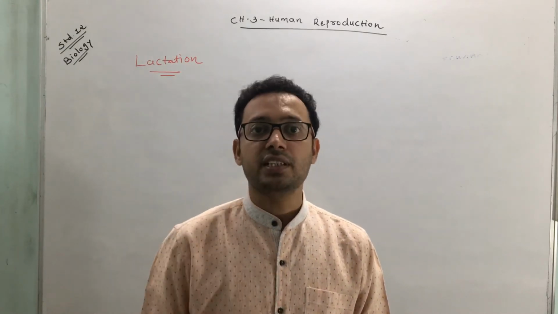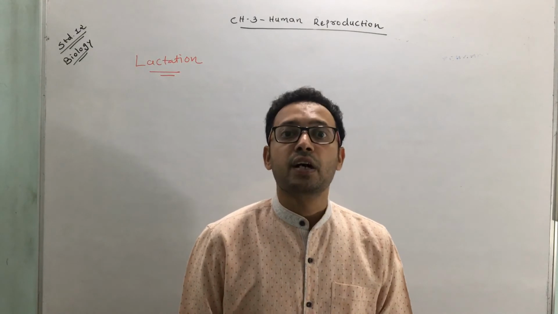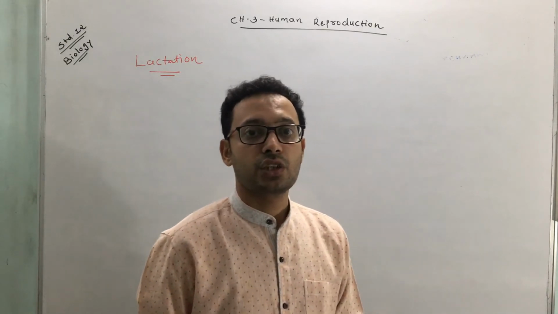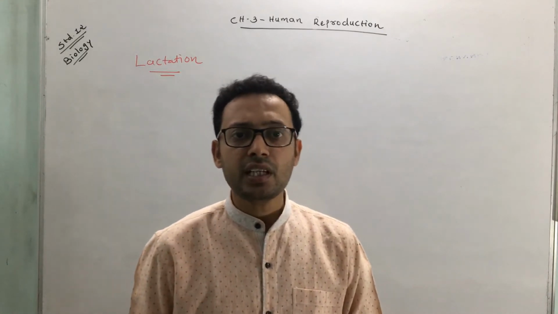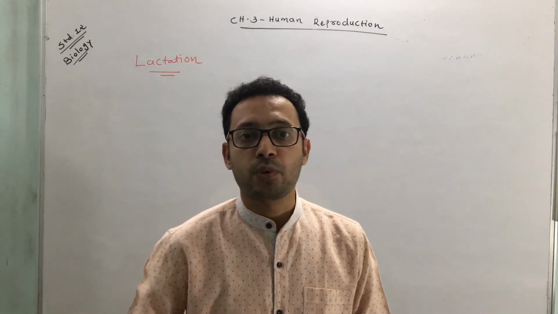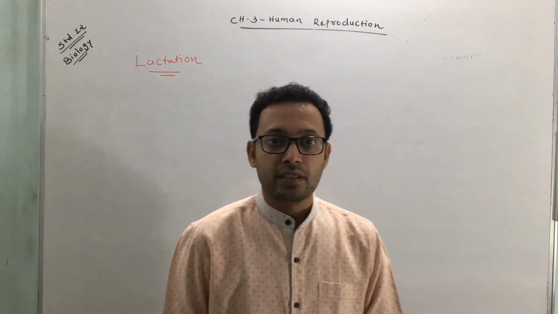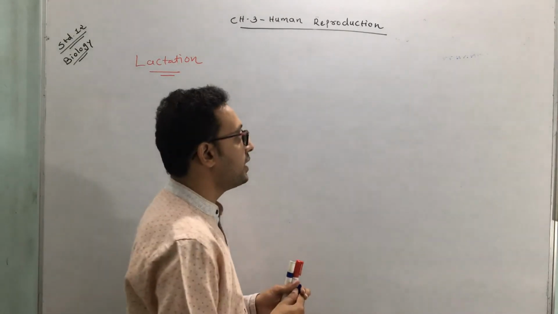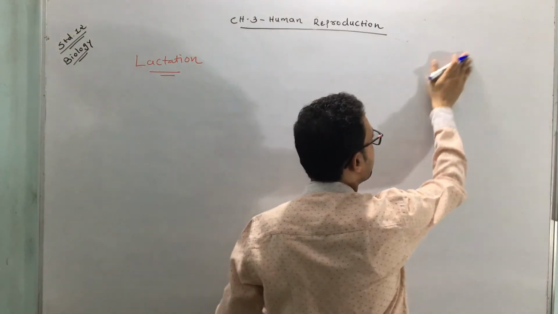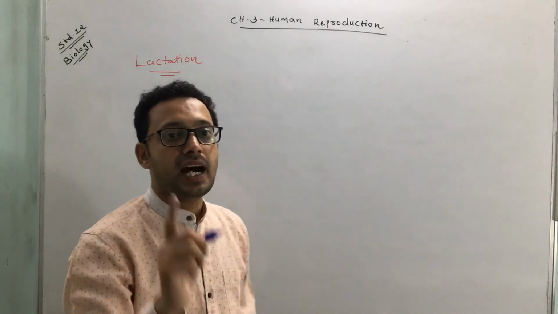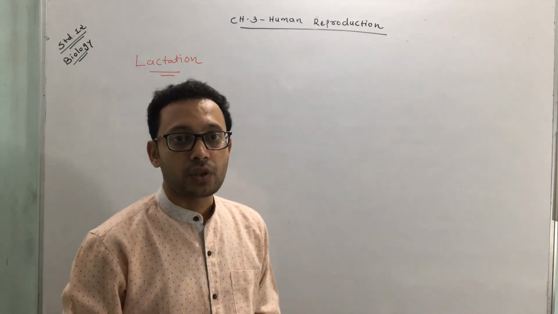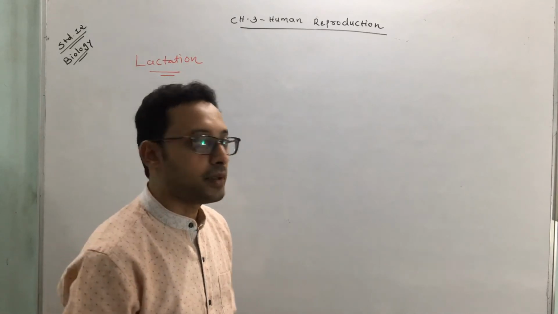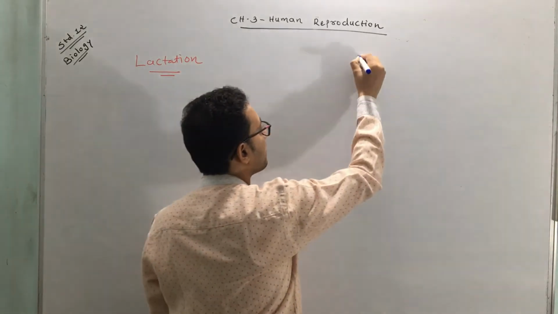So let us first understand the structure of the mammary gland, and that way we see how the milk is sucked out or provided to a baby for its nourishment. How many mammary glands are there? Mammary glands are two, present in a pair, what is commonly called the breast.